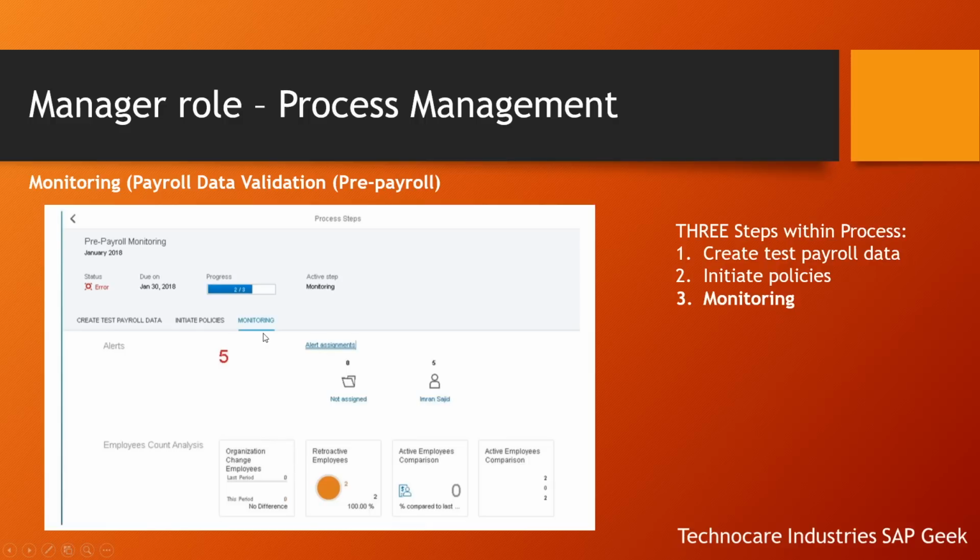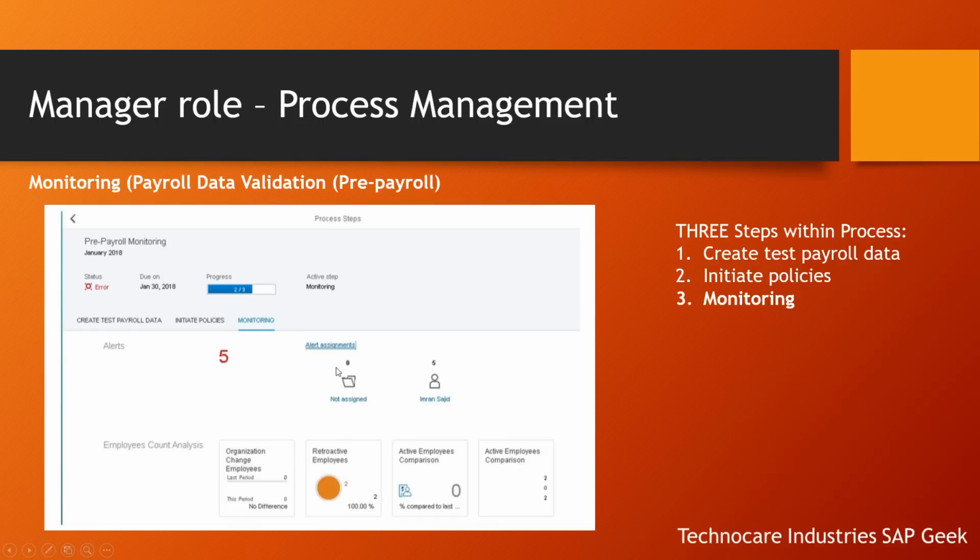observe this screen carefully. So here, when system says 5 different alerts are generated, right? There are 2 categories. One is not assigned, another one is assigned to a particular administrator, right? So if there are any alerts which are unassigned, they will come over here, and the ones which are already assigned will come over here.